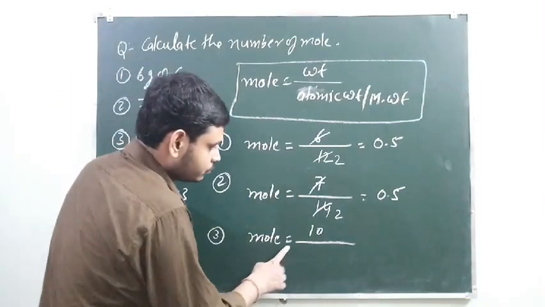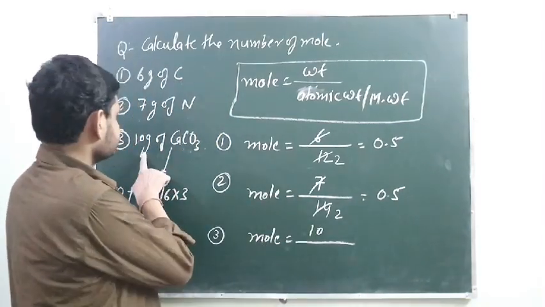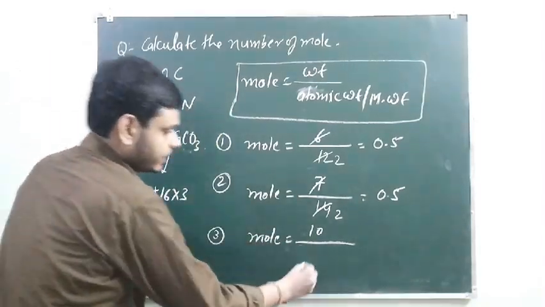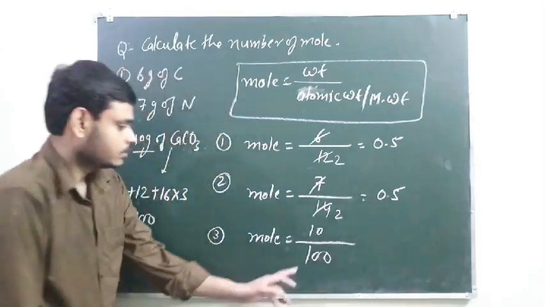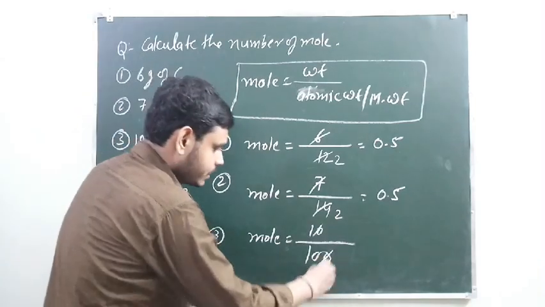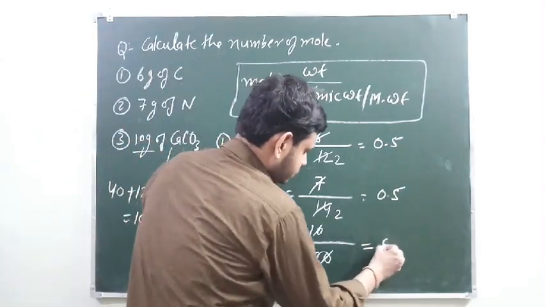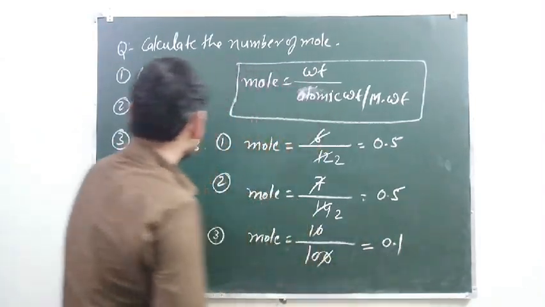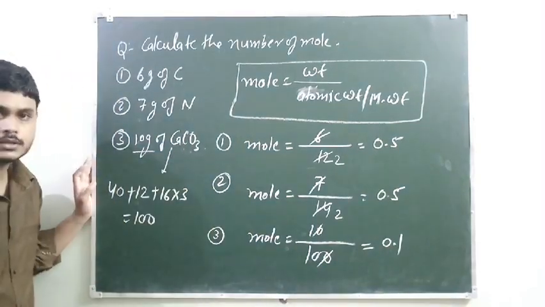So mole is equal to 10 gram divided by 100, the molecular weight of calcium carbonate. Then we get 0.1 mole of calcium carbonate. Clear?